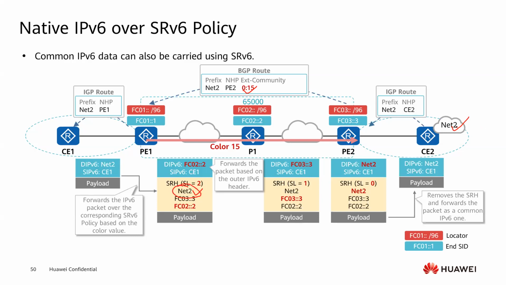So based on the IP routing table, it will send into P1, P1 sends to P2, P2 checks the destination is net2 and SL is 0, it will pop out this SRH and send into the CE2. Then CE2 receives it. This is how you use SRv6 policy to carry the native IPv6 packet.